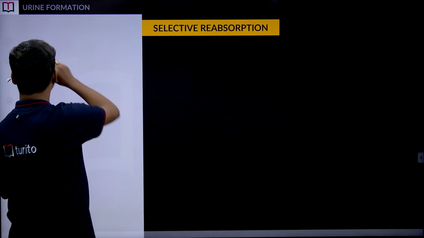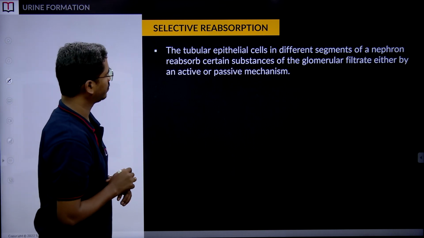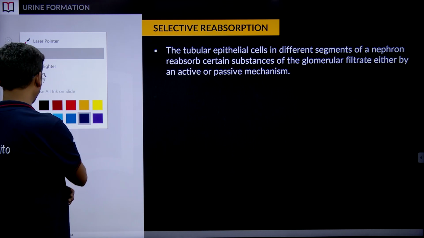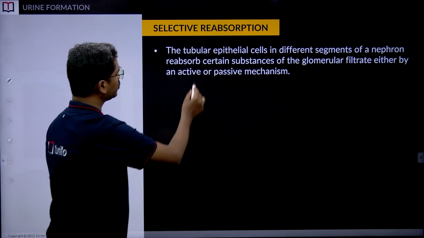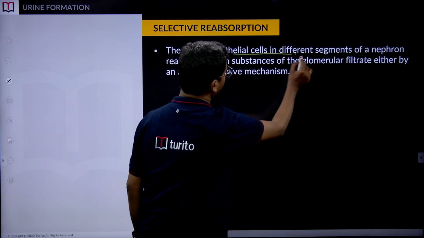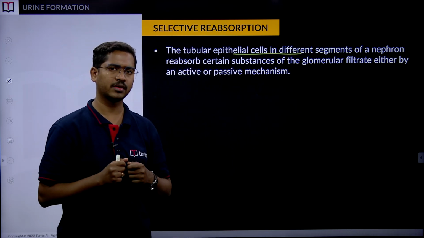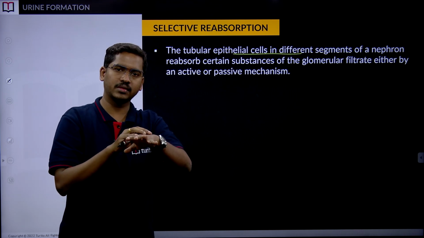Now, let us see. Here we have selective reabsorption. The second step says that it is the selective reabsorption process which occurs. The tubular epithelial cells, you know, the epithelial cells are the upper lining of the cells.